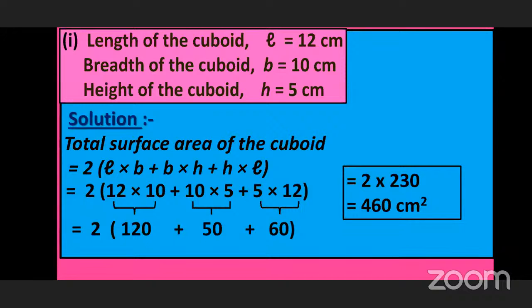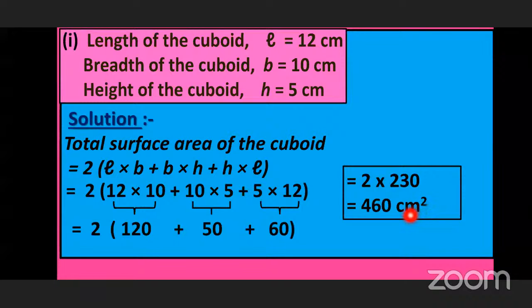And we should not forget to write centimeter square. Can anyone tell me why we are writing square over here? Because we're finding area. Yes, excellent. Because we are finding the area and the unit for area is square.